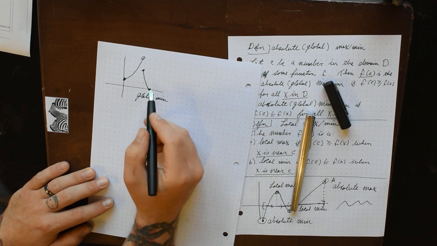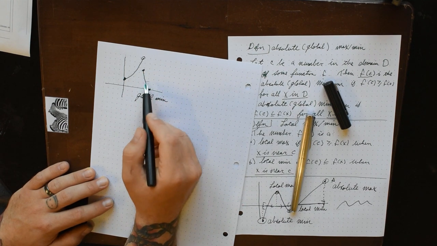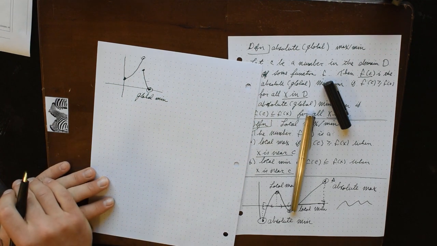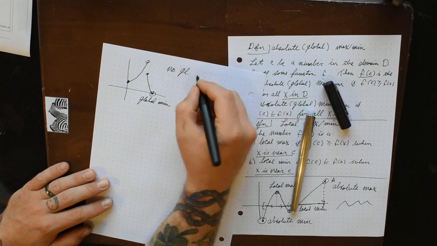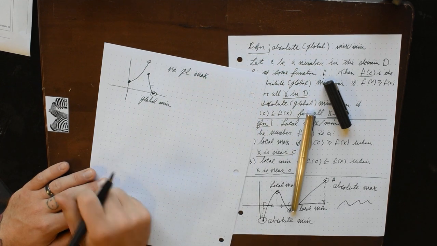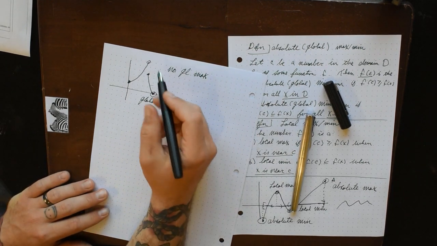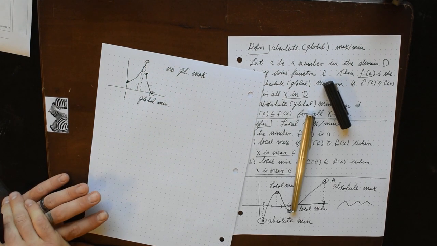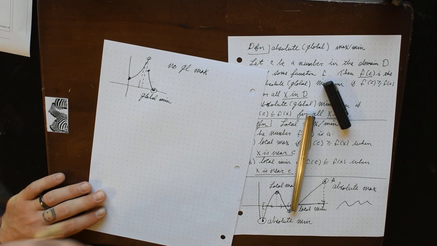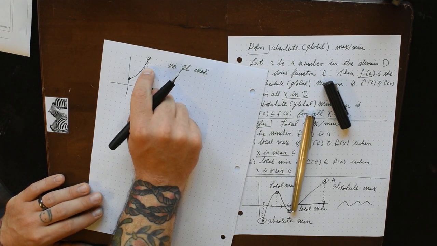It has a global minimum because out of every other value of x, this is the smallest value of y. But there is no global max. Whatever value of x you pick, there is another value of x that gets you a larger value of y. So no global max, because we're not continuous.